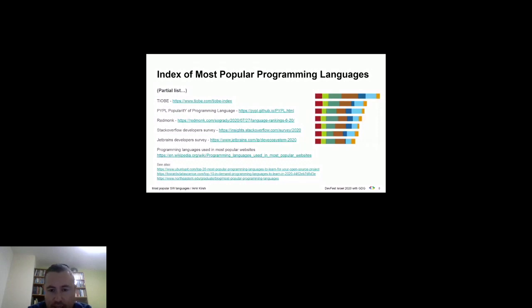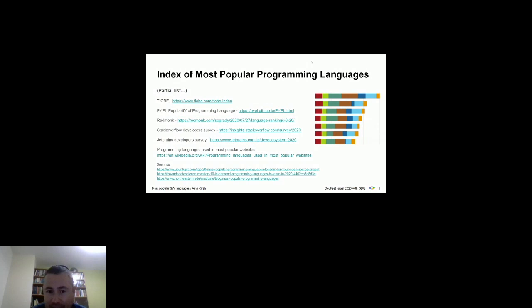And there are many indexes that try to capture which are the most popular programming languages. I'm listing a few in this slide, and in the following slides I will take a look at some of these indexes. So, for example, there is the popularity of programming language index, and quite recently, this month, the ranking is Python first, and then Java, JavaScript, C#, PHP.